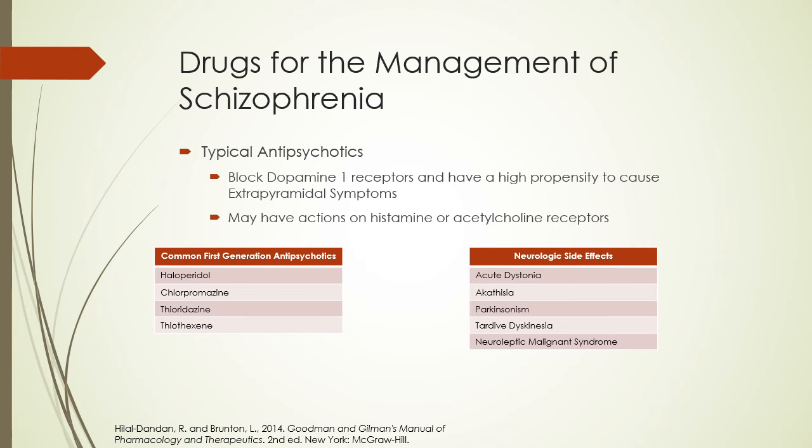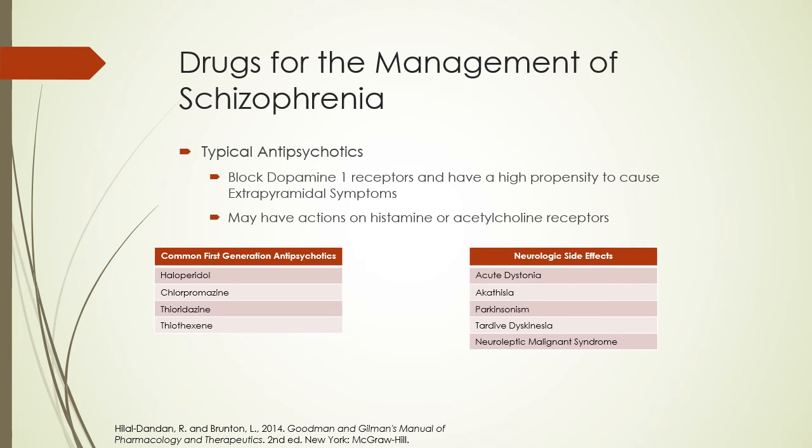We can usually utilize two classes of agents, the typical antipsychotics and the atypical antipsychotics. The typical antipsychotics block dopamine 1 receptors, and so they directly prevent the activation of the postsynaptic receptor of the postsynaptic cell, which leads to the positive symptoms.